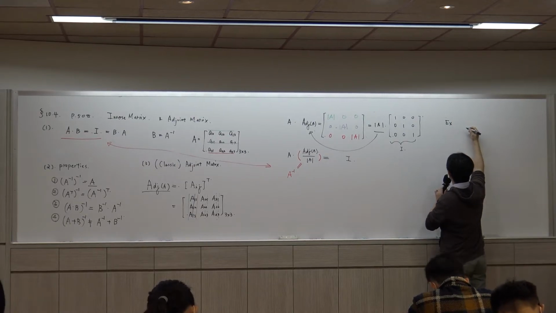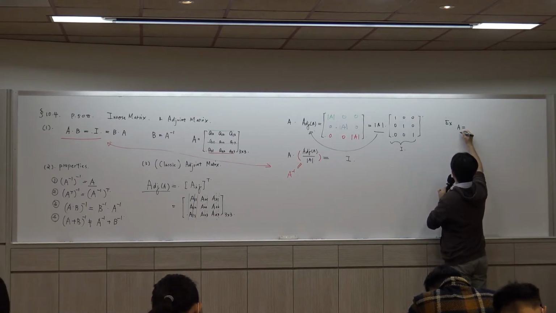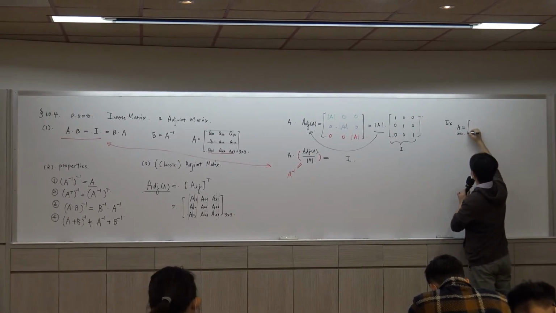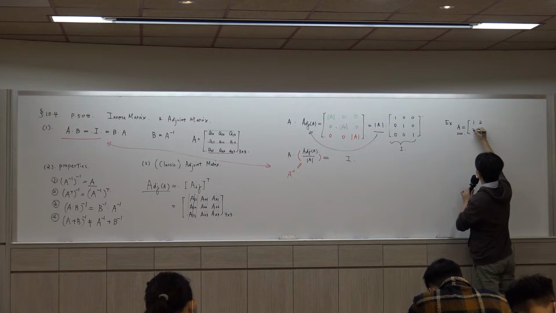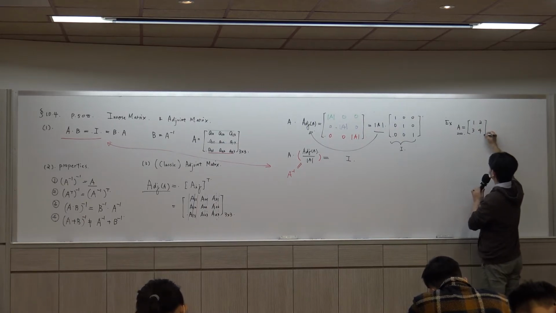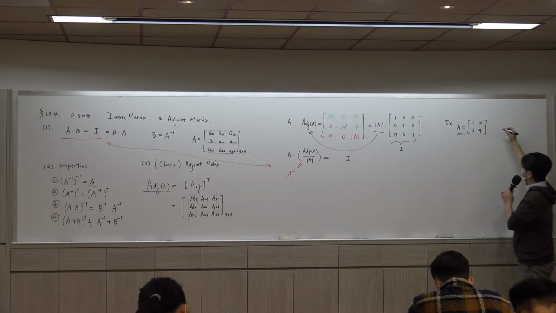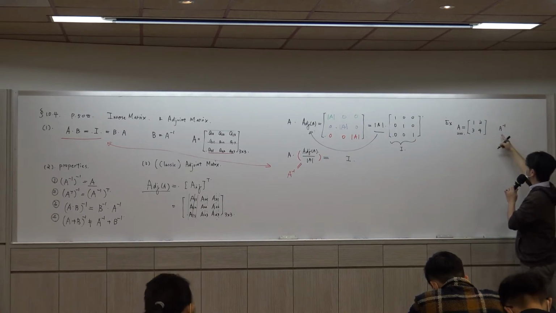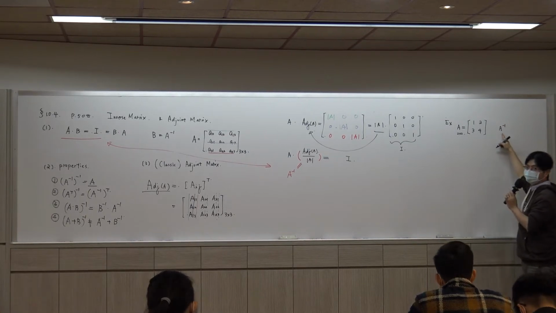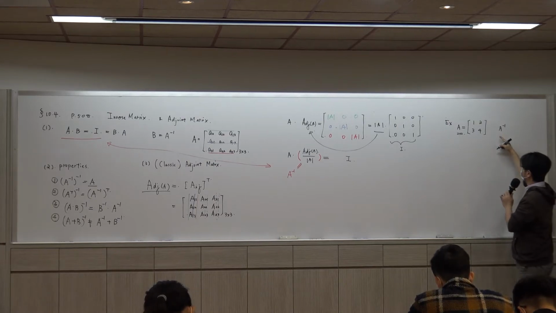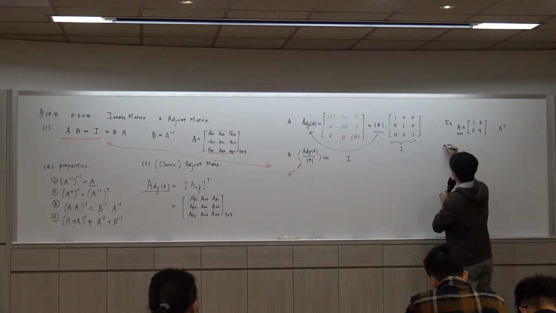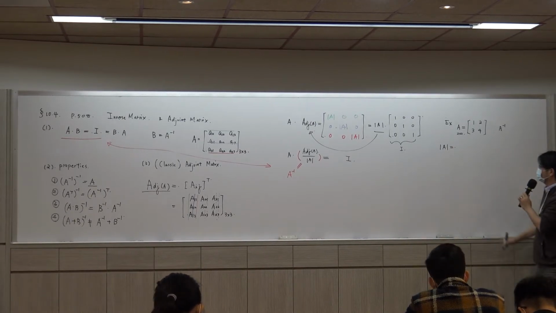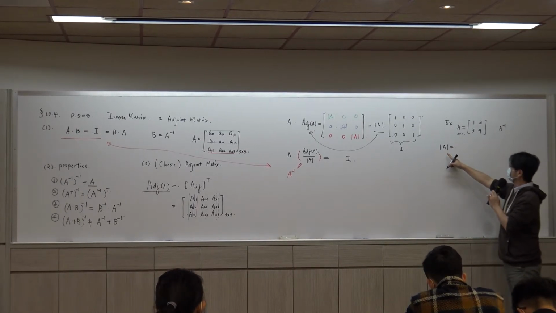So we can use a very easy example for a 2x2 matrix A. If we want to obtain the inverse matrix, we need to derive the determinant of A first.